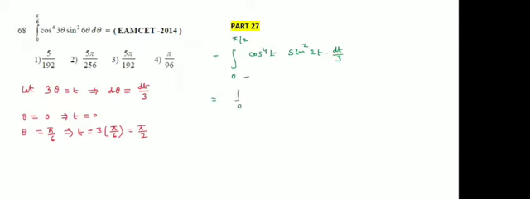Integration 0 to pi by 2 cos power 4t. Sine 2t formula is 2 sine t cos t, but the square is there now, so here 4 sine square t cos square t into dt by 3.